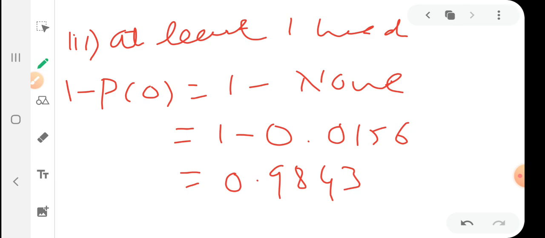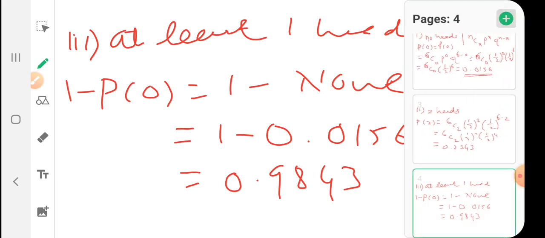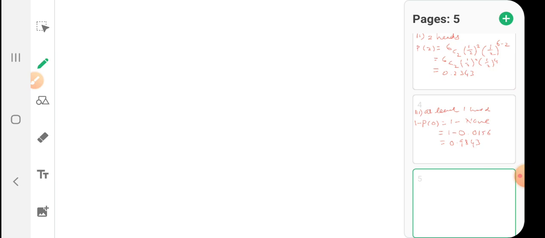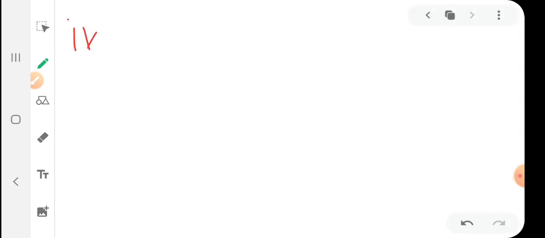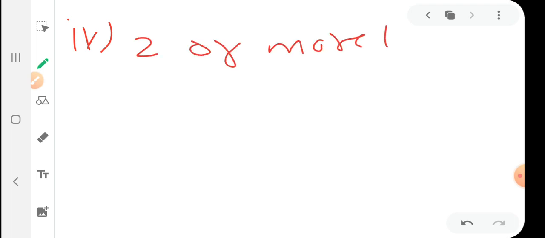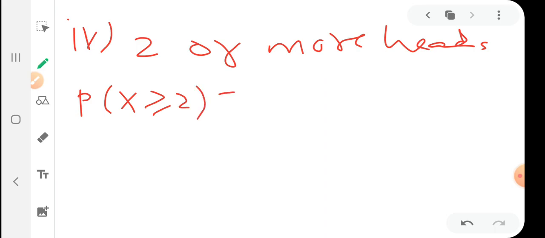Now the next one, the fourth one. What is that? Yes, two or more heads. Two or more heads means probability of x greater than or equal to 2.